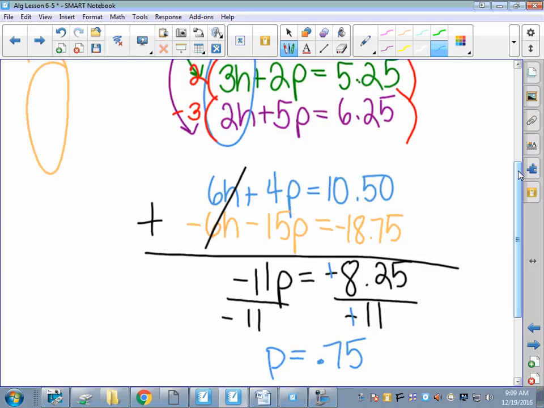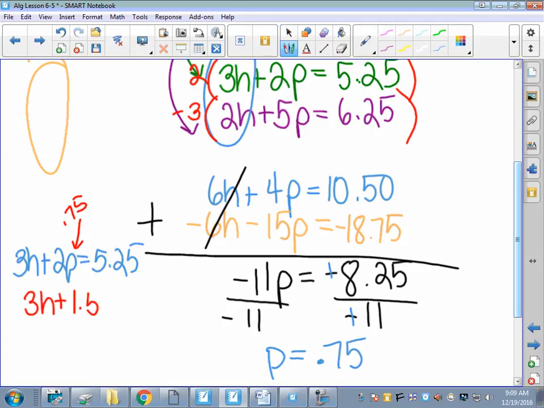My very top equation, it says 3H plus 2P equals 525. 3H plus 2P. And we just found that a pop is 75 cents. So 3H plus $1.50 equals 525. Subtract that $1.50 from both sides.